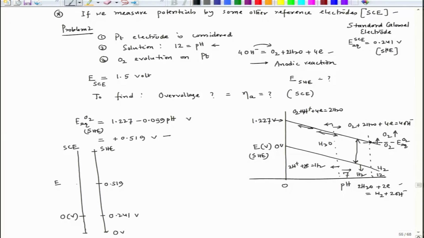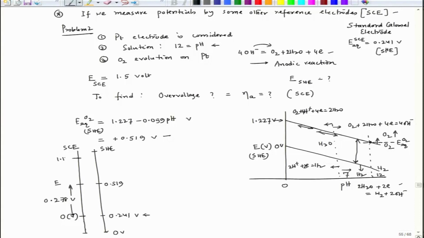With reference to the standard calomel electrode, because when we use the standard calomel electrode that is my reference potential and becomes 0, this value becomes 0.519 minus 0.241 equal to 0.278 volt, and we have gone up to 1.5 volt with the standard calomel electrode.